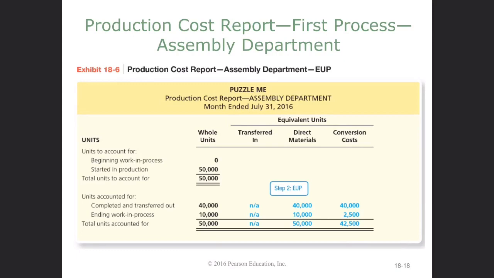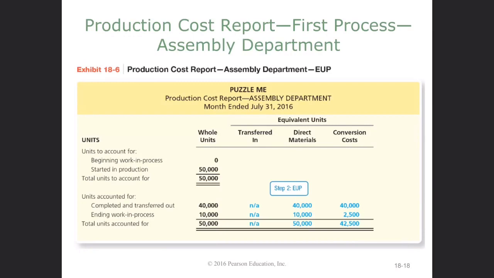But then for direct materials, we have 40,000 and we have 10,000 work in process. So the 40,000 and the 10,000 are going to show in our direct materials.